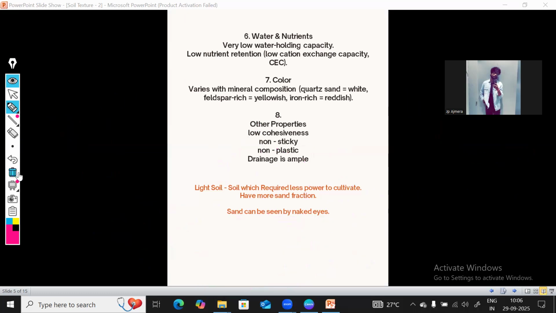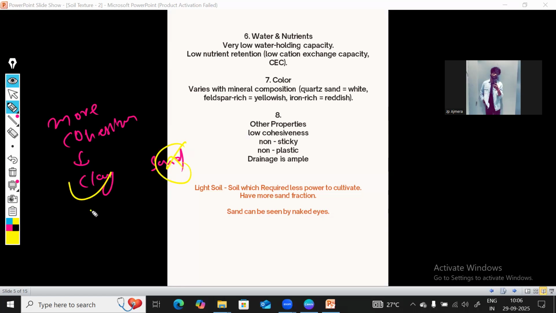There is more particle-to-particle attraction between the clay particles, so it requires more energy and power to break this bond, this force between clay particles.